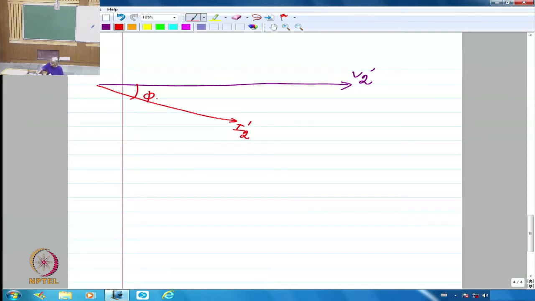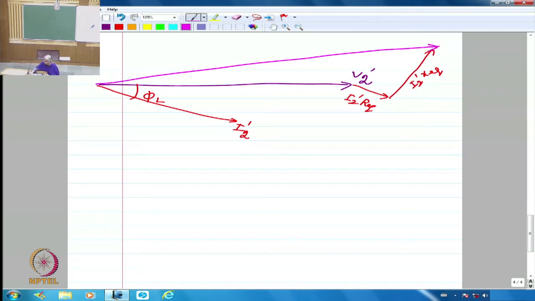This is the load power factor angle. And this is going to be I2 dash R equivalent, and this is I2 dash X equivalent. Now the total that we are getting is something like this. This is V1.